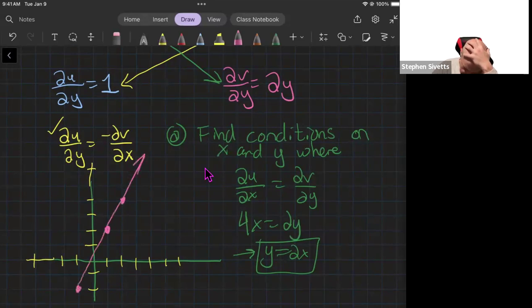So this is where the function is analytic, y equals 2x. All right, so that is the set where that function is analytic.